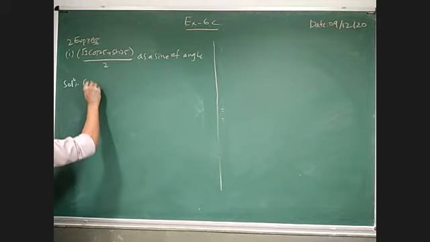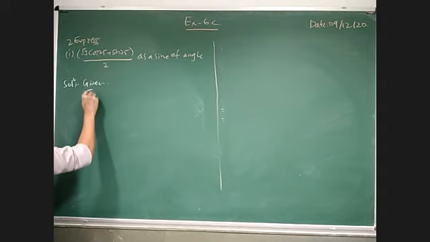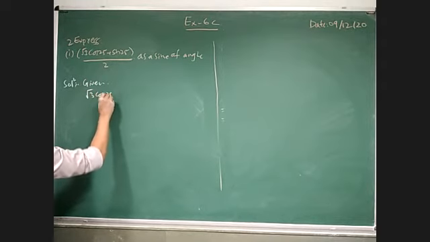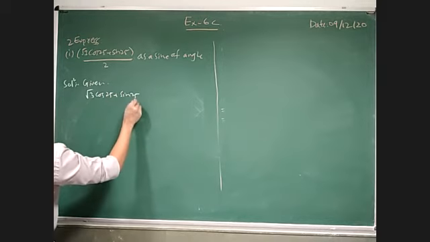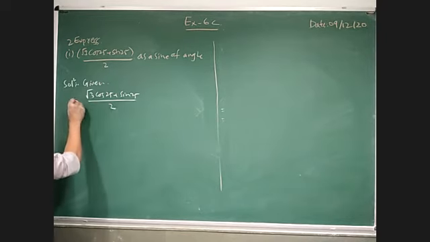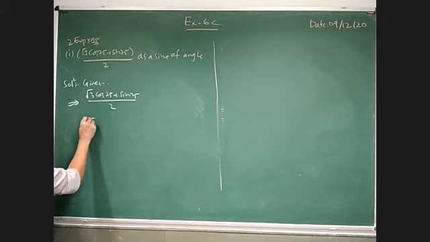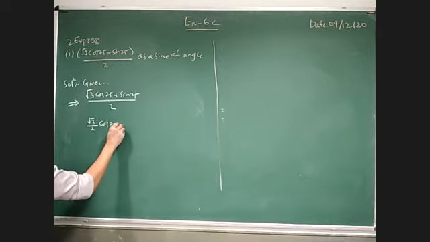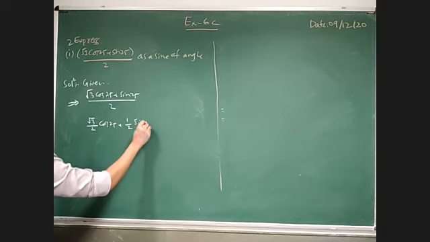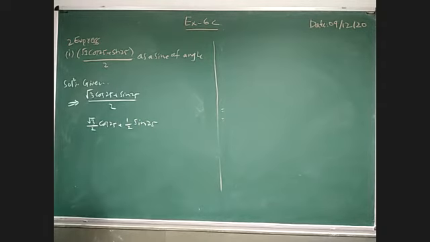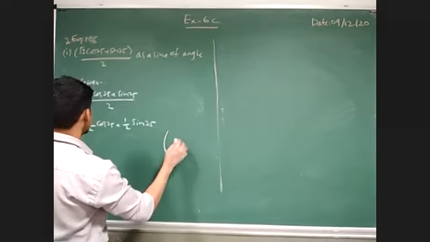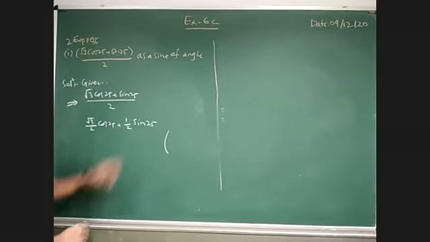Given that root 3 by 2 cos 25 plus 1 by 2 sin 25, if I take out 2, then I will have root 3 by 2 cos 25 plus 1 by 2 sin 25. Now I know the value of root 3 by 2 and I know the value of 1 by 2.